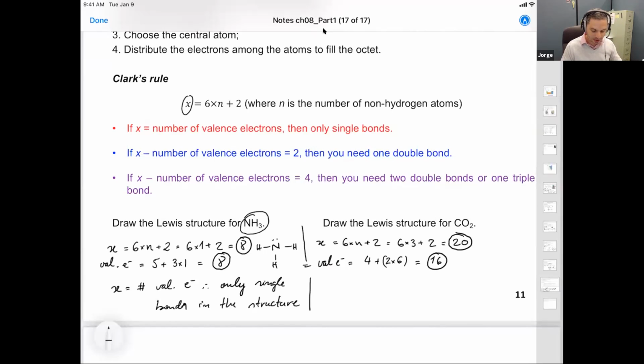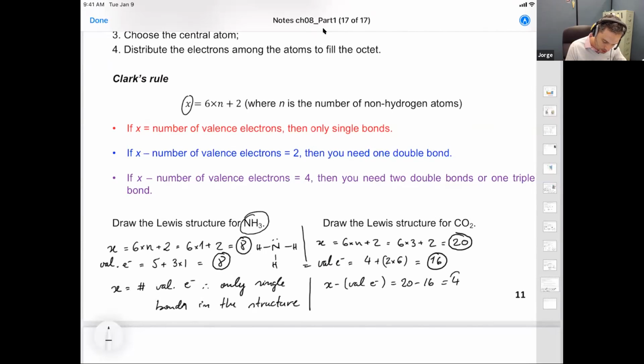In this case, x is different from the number of valence electrons, so we subtract: 20 minus 16.